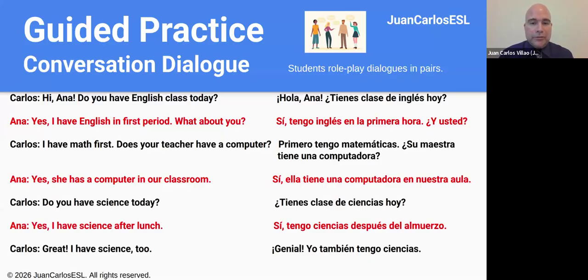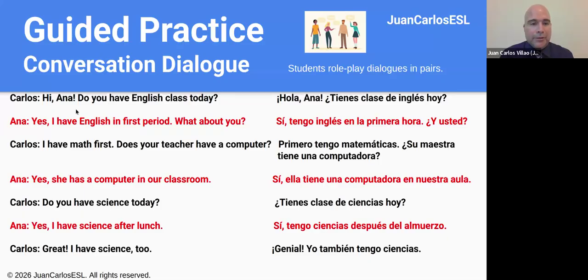Entonces, vamos a comenzar con dos estudiantes, cada uno va a ser Carlos, otro estudiante va a ser Ana, van a leer el diálogo completamente y después que terminen la conversación van a reemplazarse de personajes. Quien fue Carlos le toca ser Ana y quien fue Ana le toca ser Carlos. Entonces van a hacer rotación para que todos tengan la oportunidad de iniciar preguntas y contestar preguntas.